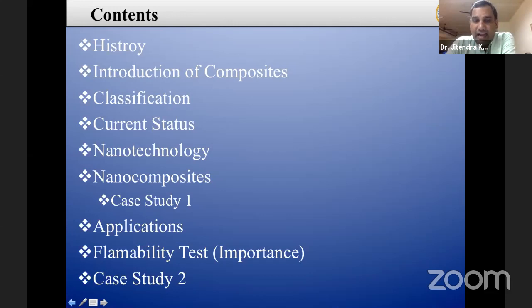At last, I also want to emphasize the flammability test, which is very important when you design any composite material for a structural or commercial application. Then another case study on nano composites used in metal matrix composite material, for automobile engineering applications. So this is the basic content of my talk.